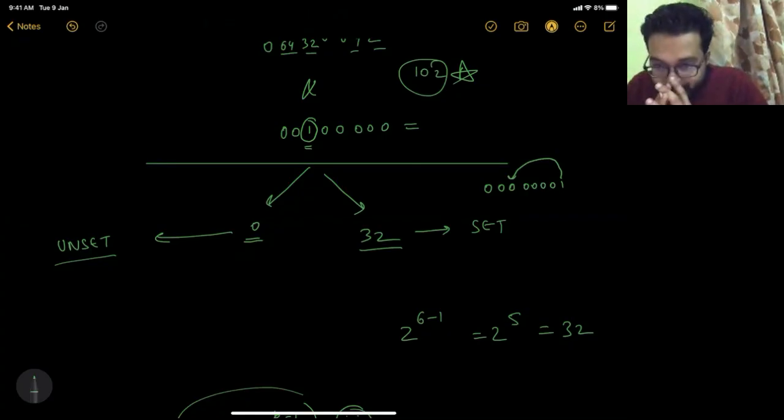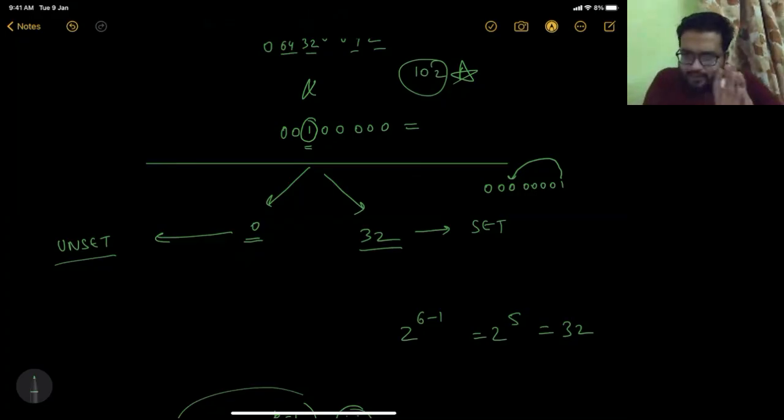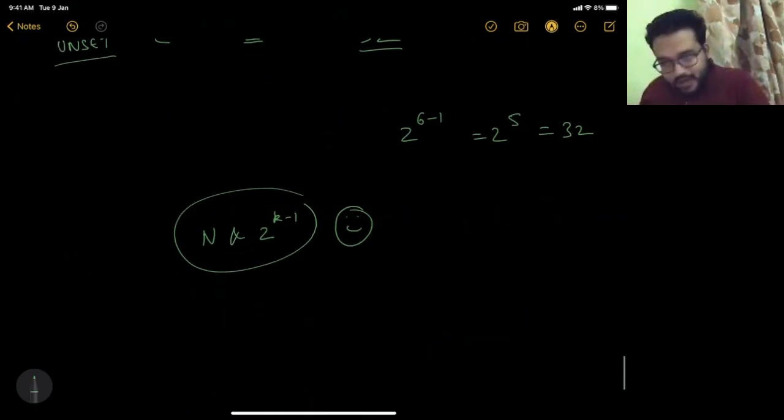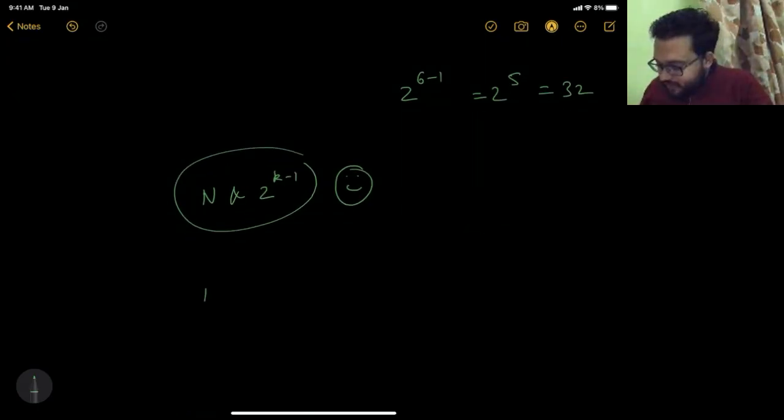The other possible way is n AND 1 left shifted k times. Guys, isn't that correct? How many of you understand this is correct? How many of you think this is wrong? This is correct, right? Sorry, not k times, but k minus 1 times.